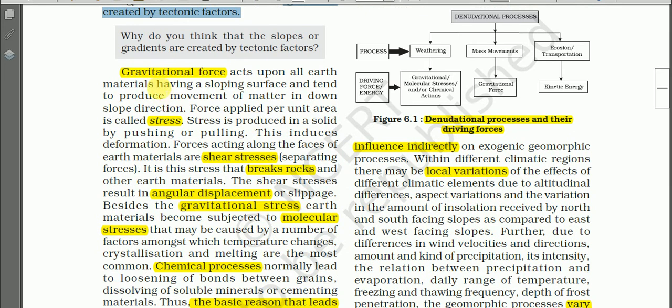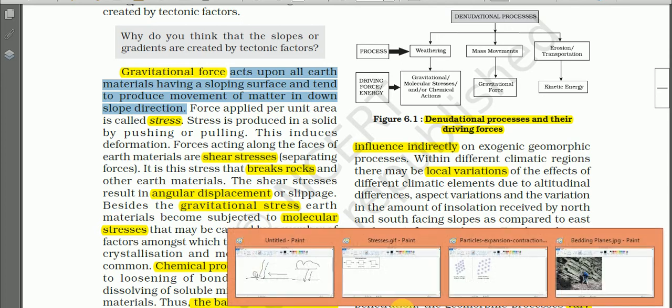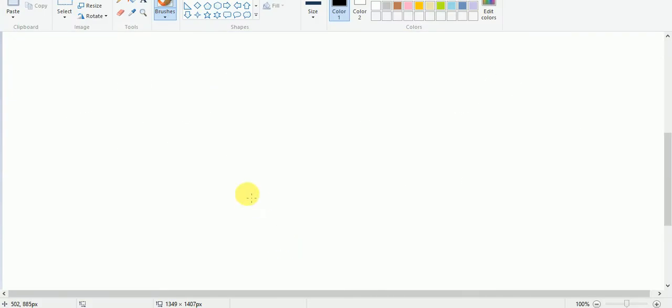So let us continue. Gravitational forces act upon all the earth surface. Gravitational force acts upon all earth's materials having a sloping surface and tends to produce movement of matter in the downslope direction. Regarding this also we have to recall the diagram.